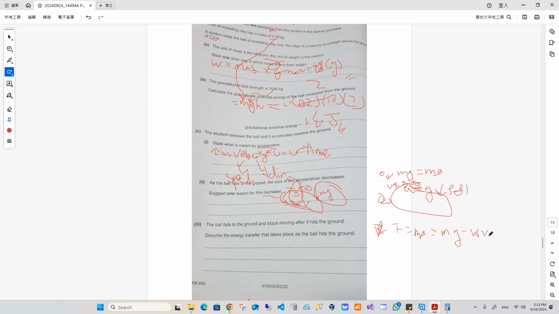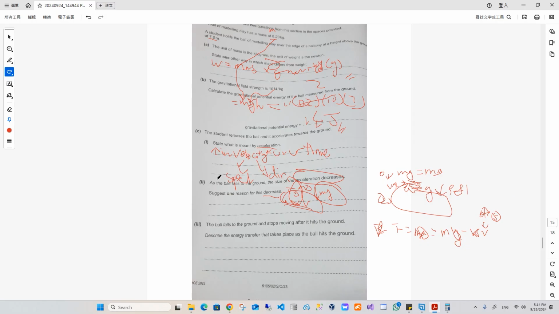When a is proportional to b, a equals kb, that kind of thing. So just now v was 0, so g equals a. Now you have some speed, let's say 5. So now kv is no longer 0. That means your effective a is lesser than g. So that's why your acceleration decreased.